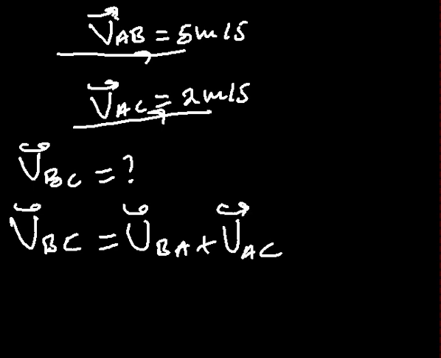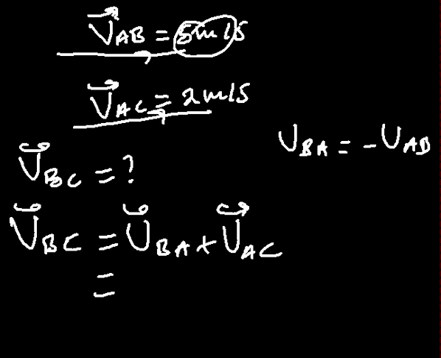And what is VBA? Unfortunately, we do not have VBA here. What we have is VAB. Therefore, VBA is the same as negative VAB, so we have negative 5 meters per second.